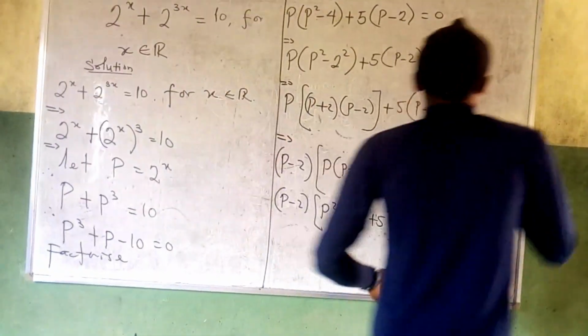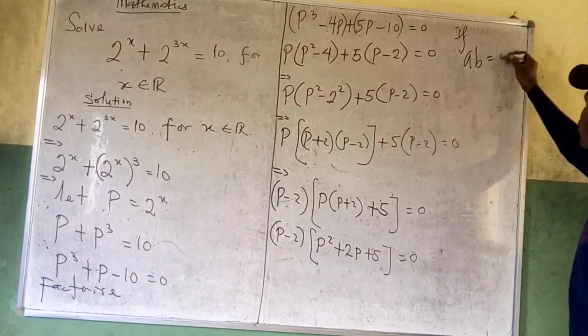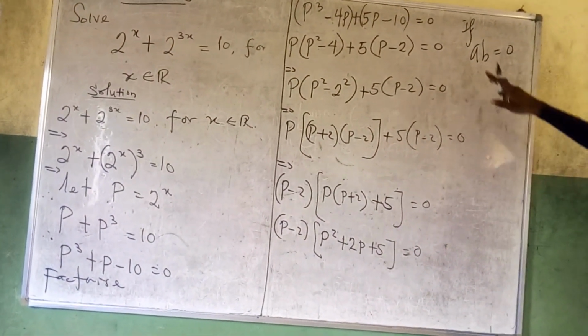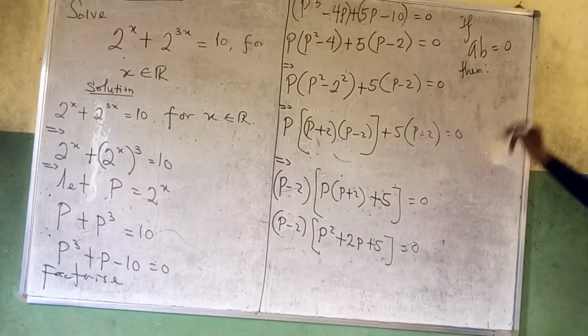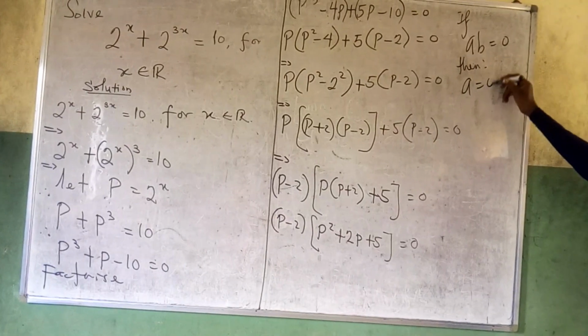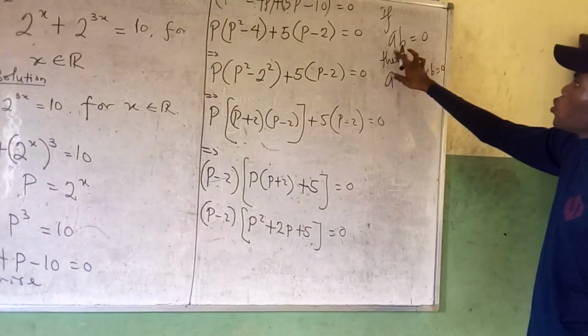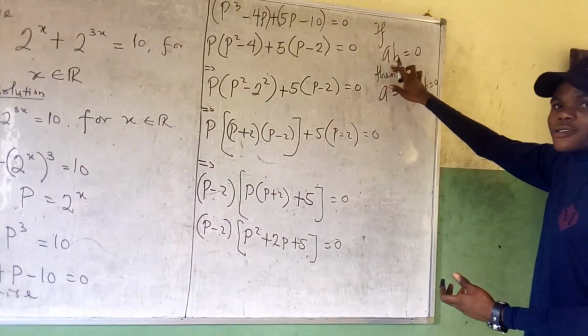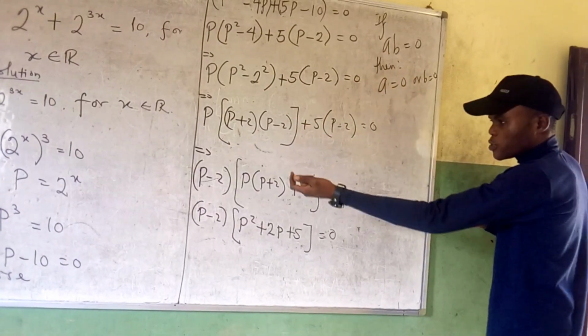Let us recall. If AB equals 0, okay? If A multiplied by B equals 0, then it means that either A equals 0 or B equals 0. At least one of these two numbers or one of these two letters must be equal to 0. So it's either A equals 0 or B equals 0.